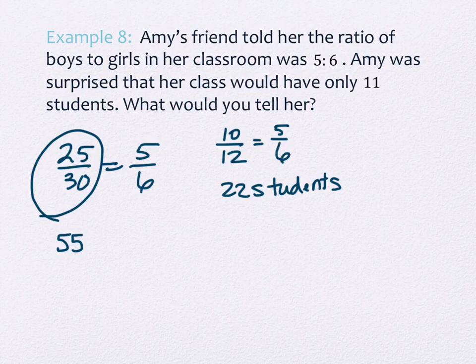So in talking to the friend, it's possible she has 11 students. If she were working in a small classroom, a small rural school maybe, or maybe she's dealing with something in special ed, maybe she does have 11 students. But maybe that 5 to 6 ratio is a reduced ratio, right? And if it's a reduced ratio, like 10 to 12 is equal to 5 to 6, notice, how are these numbers 11, 22, and 55 all related?